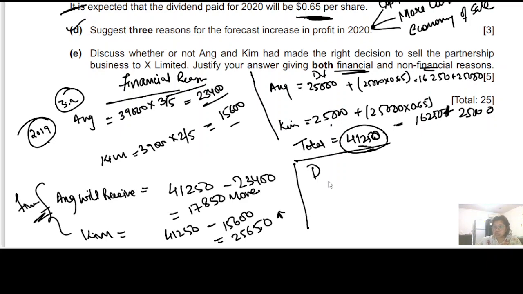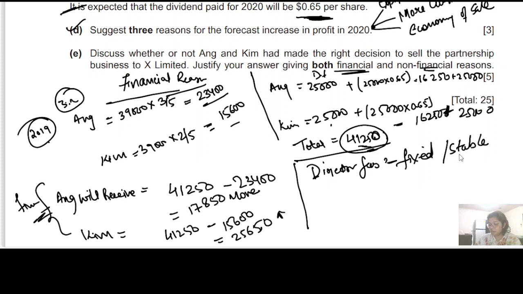If not, the income was not fixed. But now after joining, they get director fees, 25,000 each for Ang and Kim, so that director fees is fixed. You can say it's a stable income for them.